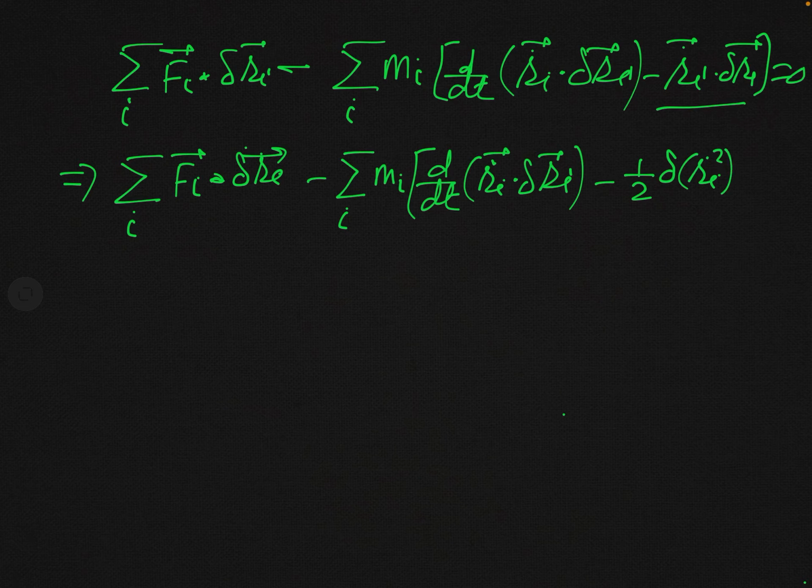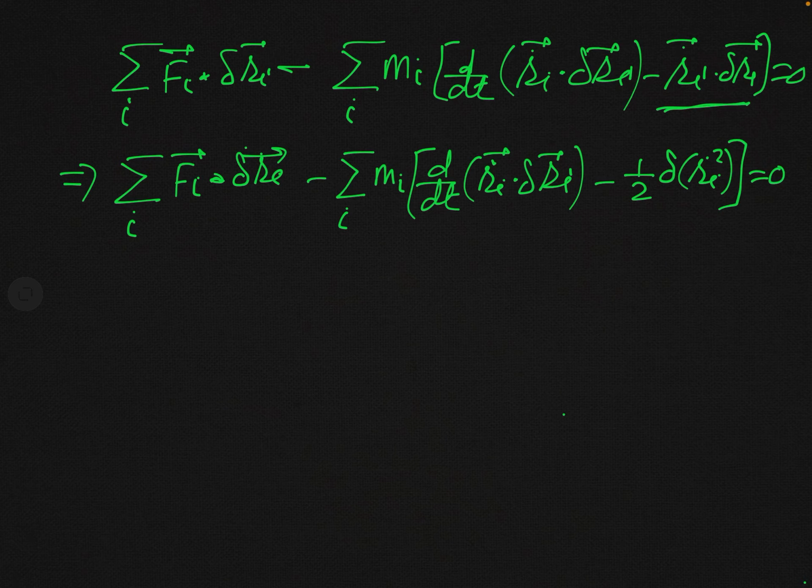You can check it. Simply when you take the small change of ri dot square, that will be 2 ri dot delta ri, and that 2 and 2 will cancel out, so we can write ri dot delta ri equal to half delta ri dot square.